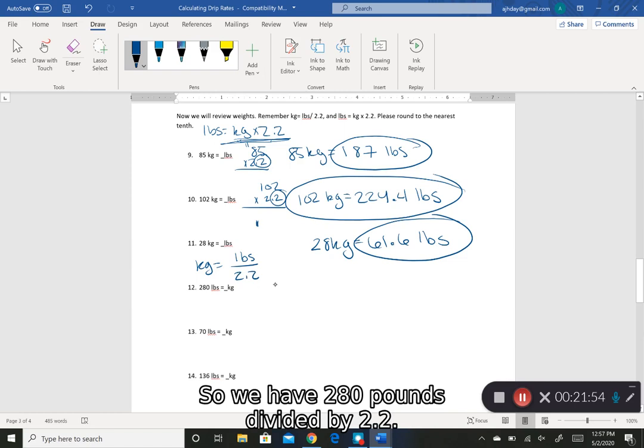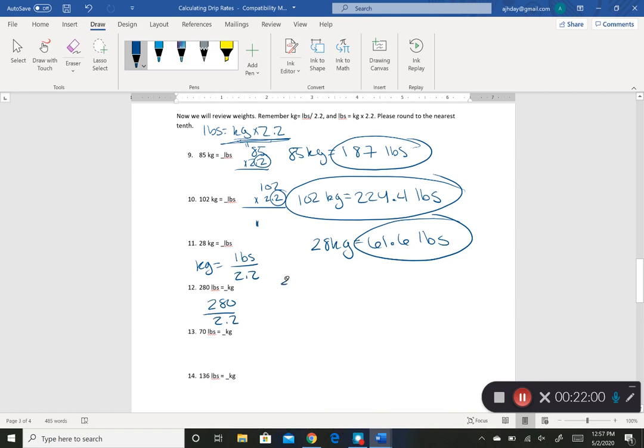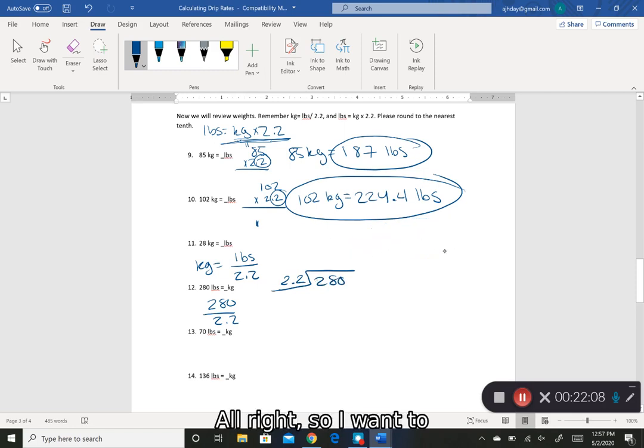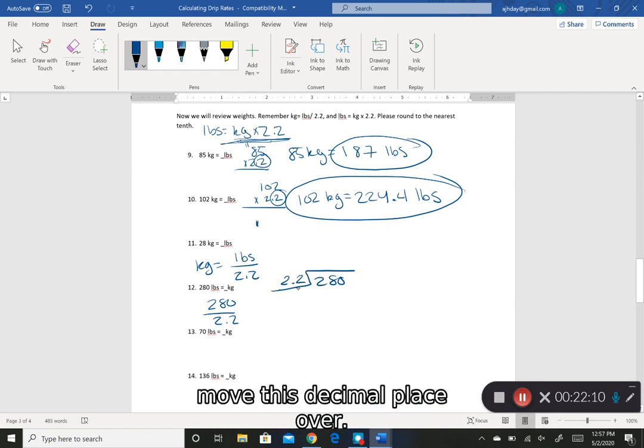So we have 280 pounds divided by 2.2. All right, so I want to move this decimal place over so I don't have to worry about decimals. If I move it over one there, I have to move it one over there.